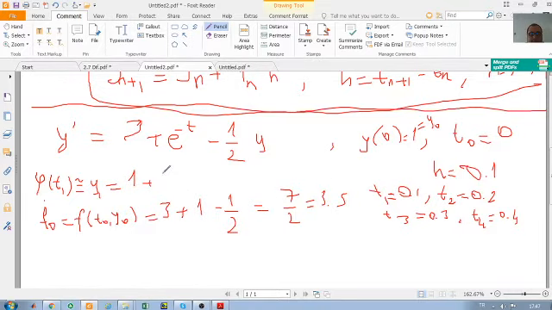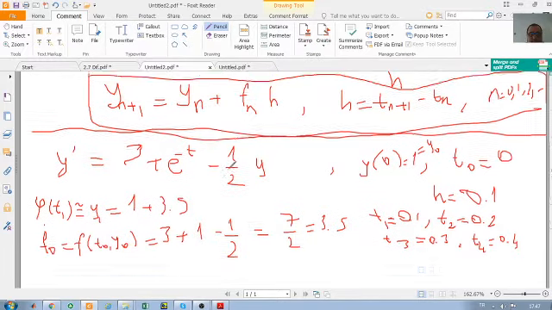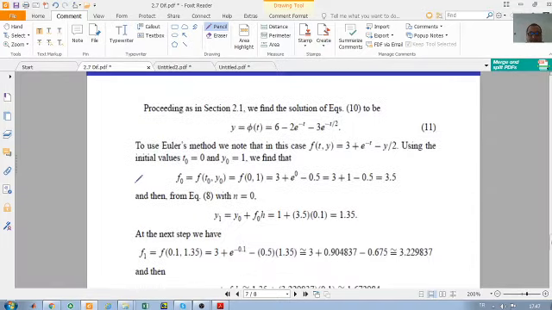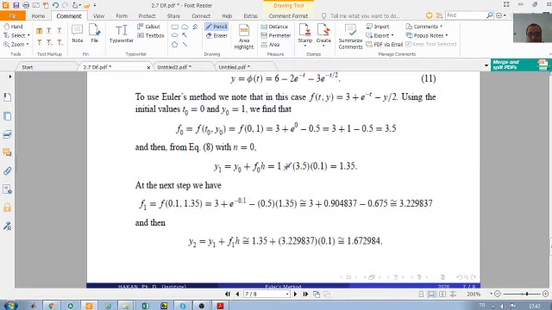Therefore, we write 3.5 times h. What is h? 0.1. After we compute this number, we obtain 1 plus 3.5 times 0.1, which is equal to 1.35.